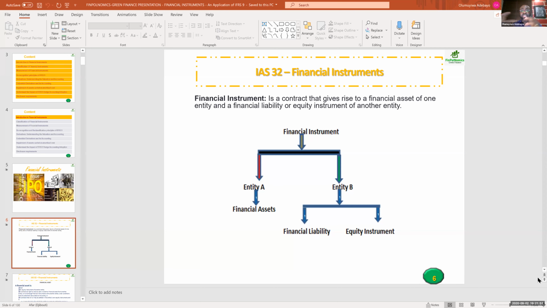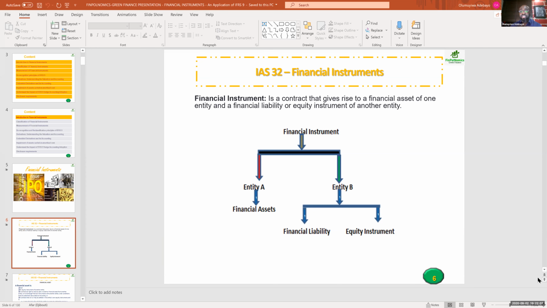But a better appreciation of this is when we are able to demystify each component of a financial instrument, be it a financial asset, a financial liability, or an equity instrument.